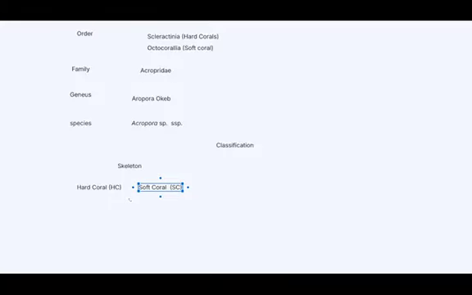Yes, we do have, based on the growth form. Okay, growth form. And I think most of you, all of you, know that the coral reef is two animals together.